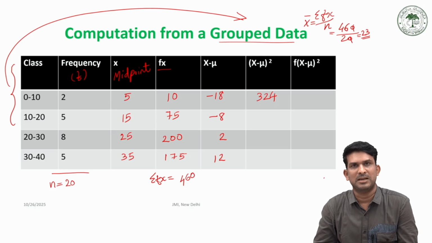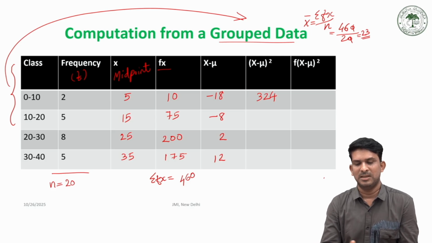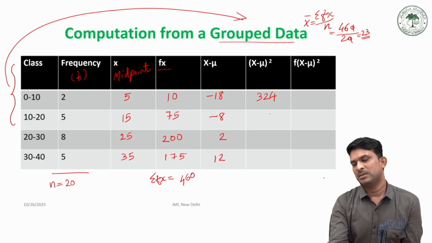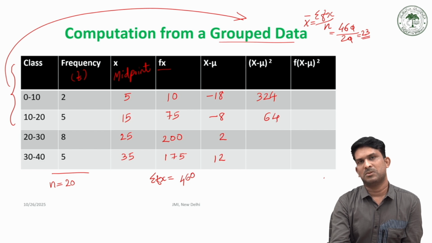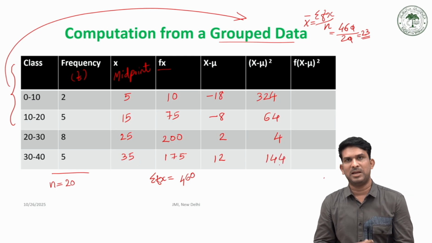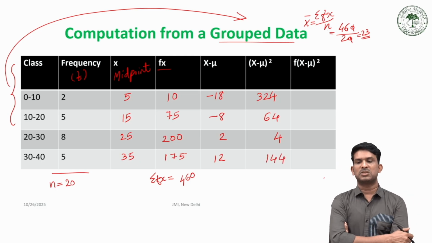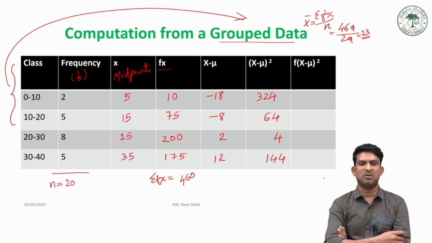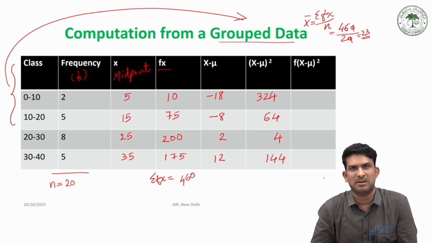Minus 18 into minus 18. Square of minus 8 is 64. Square of 2, 4. Square of 12, 144. Right? You got the squares of all the x minus x bar.